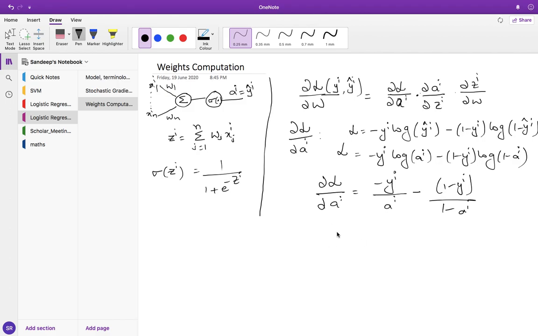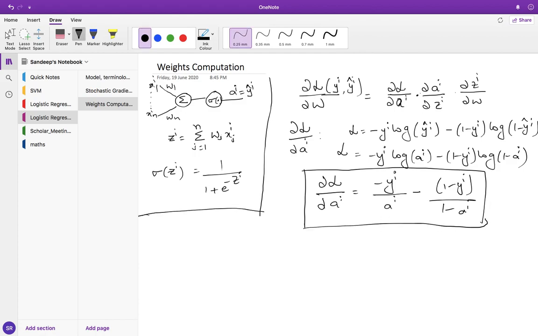So this is what we got, and this is dou L by dou ai. Let us keep it in a bracket. This is the first one we found out. Let us find out the rest of the things. The next is to find dou ai divided by dou zi.